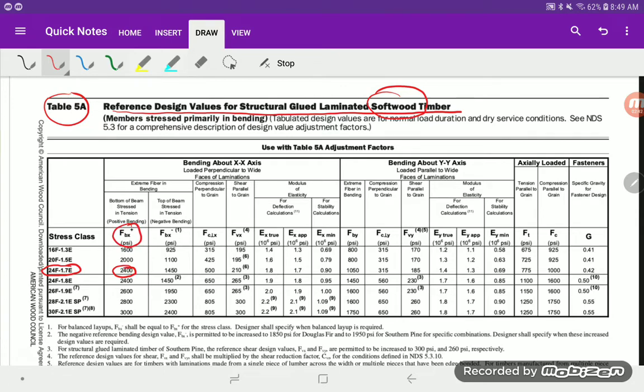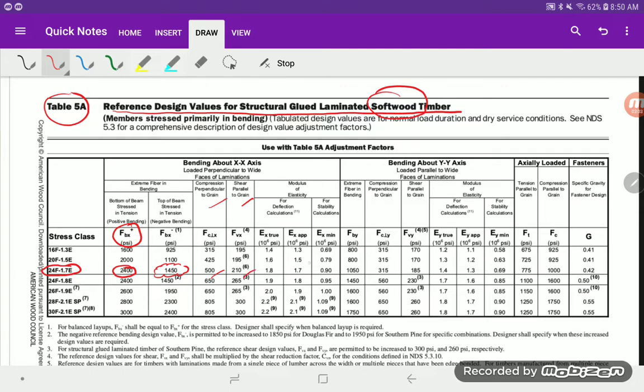Note that this is the reference value for positive bending. The reference value for negative bending is different, but our beam is just going to be loaded in positive bending.